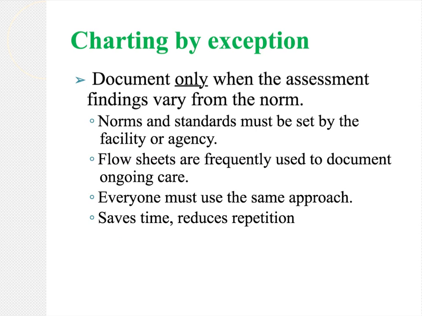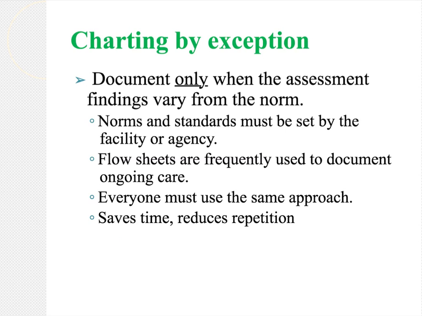At the Chatham-Kent Health Alliance, they're still charting by exception, but they do it a little bit differently. You still have to do your head-to-toe assessment, but if the assessment of a body system, so your respiratory or your cardiovascular or your peripheral vascular, meets the criteria listed in their norms assessment, then you just chart within normal limits, and that's all that you need to chart for that area.